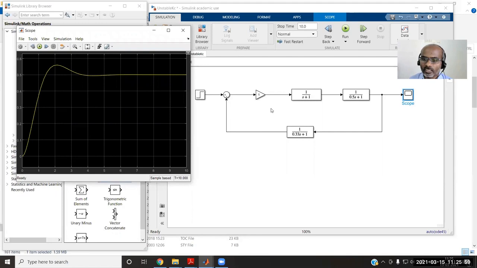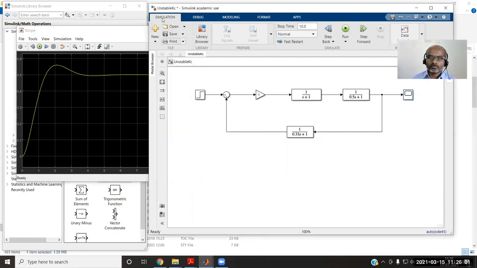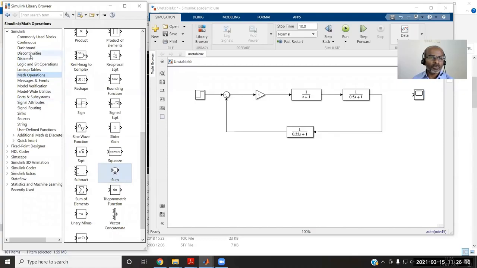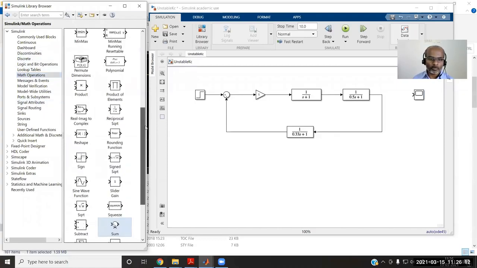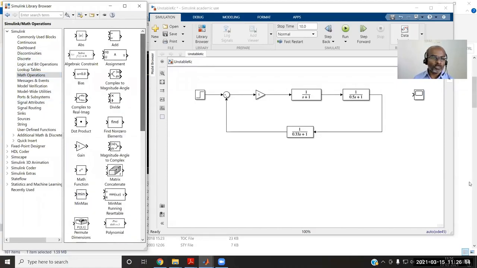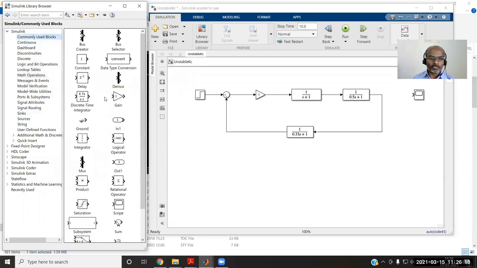Maybe I can connect this. I will take one more. Let us see the response. We can compare the set point and the output. For that we can have a multiplexer.